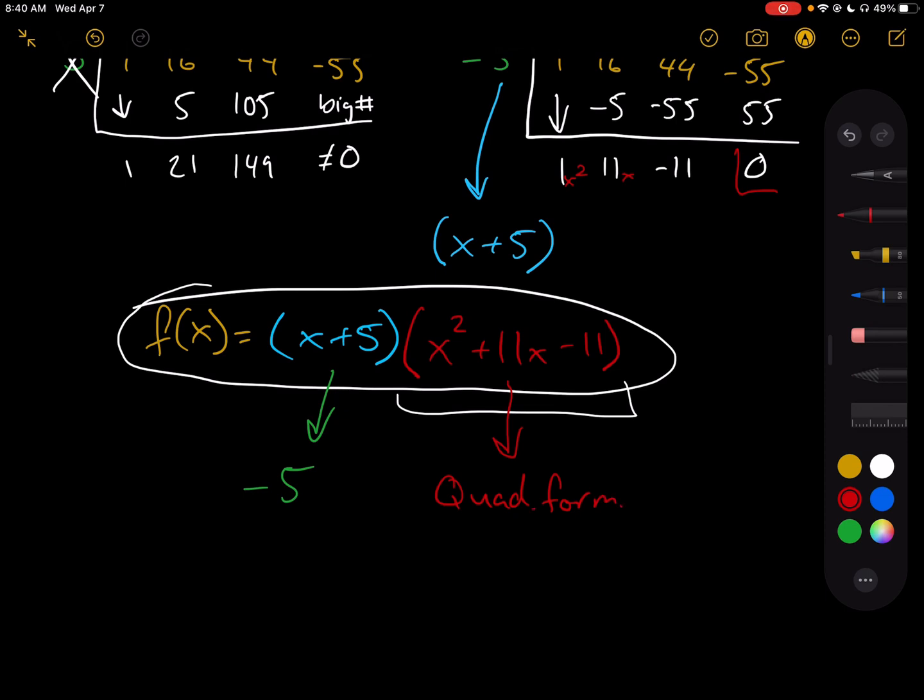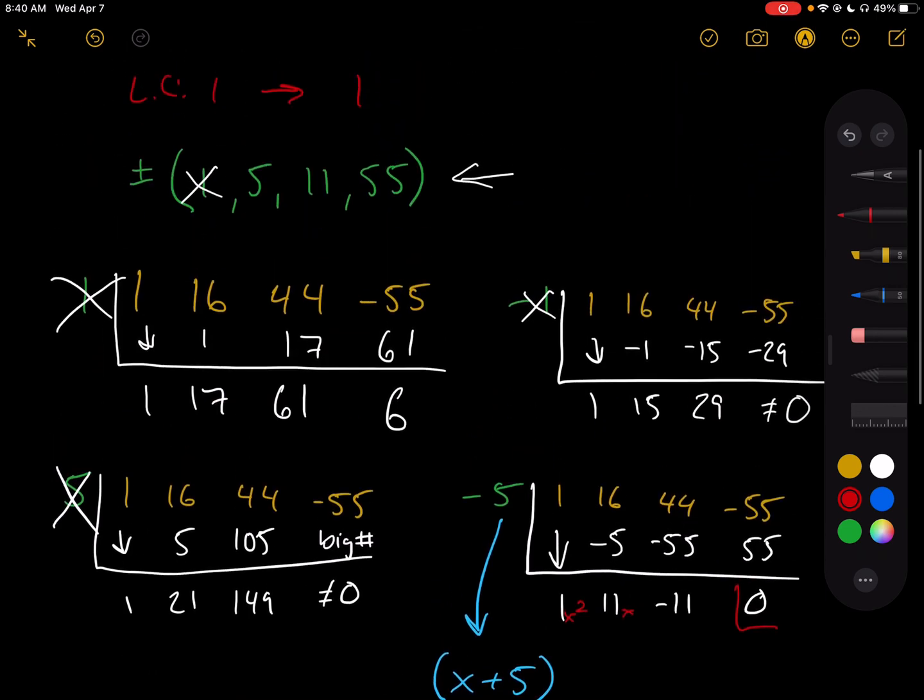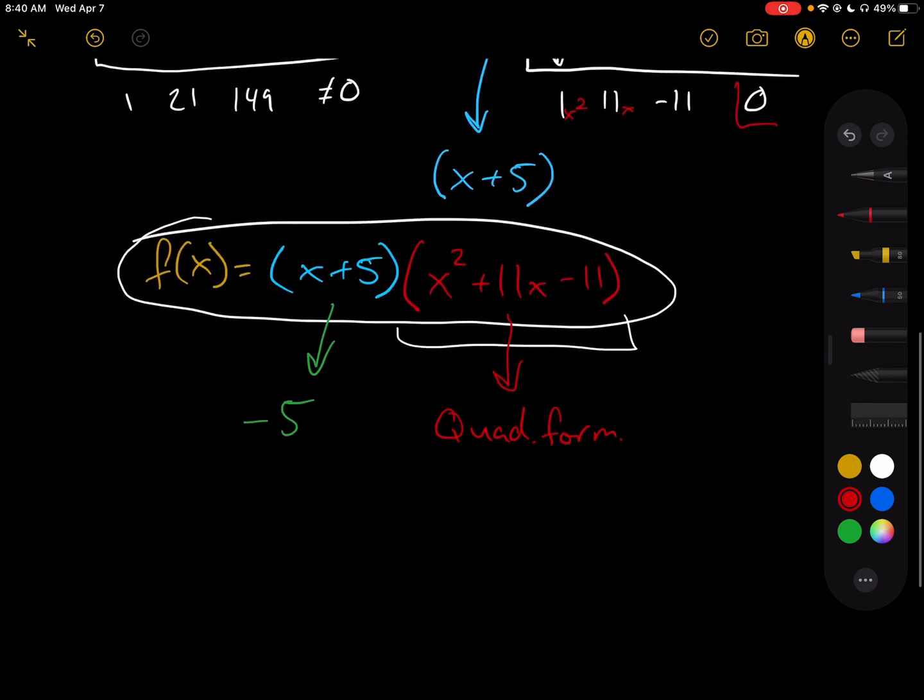Those are sort of the two options, given that I'm telling you that it's not going to factor. And if you want to prove that to yourself, you can go ahead and check the remaining numbers from this list to see if they work, but I'll guarantee you that you don't.